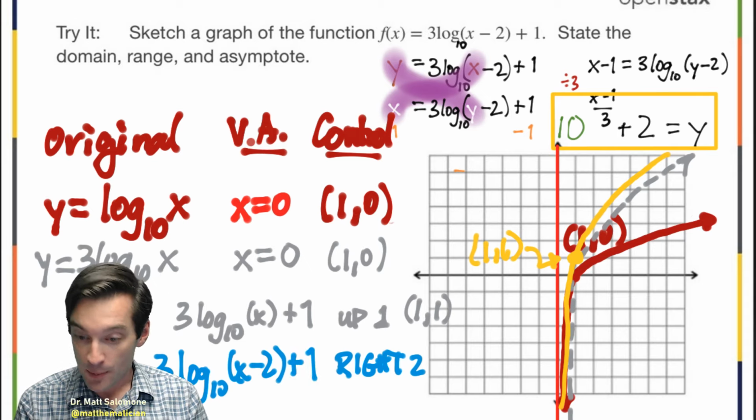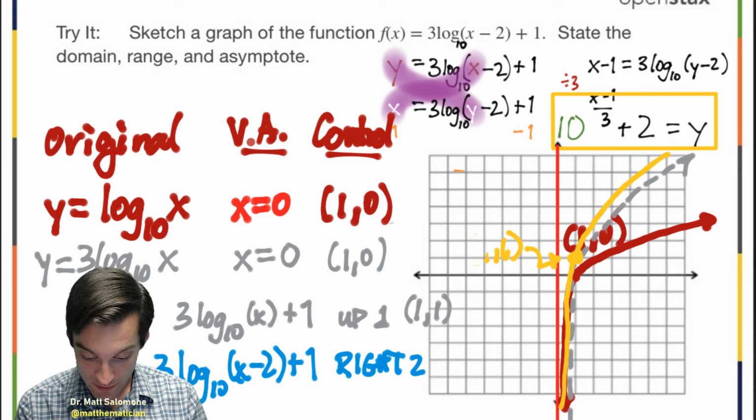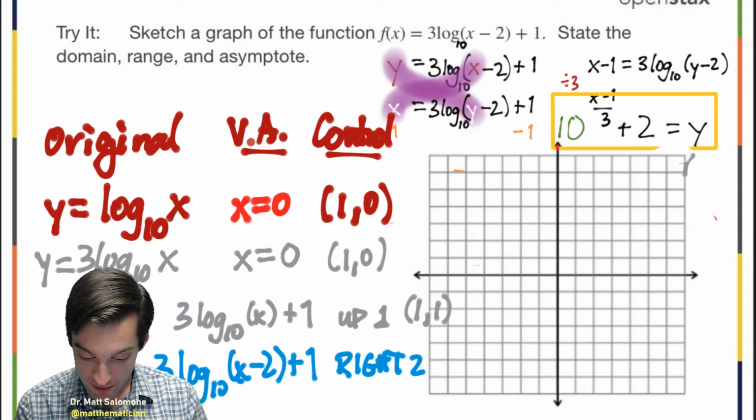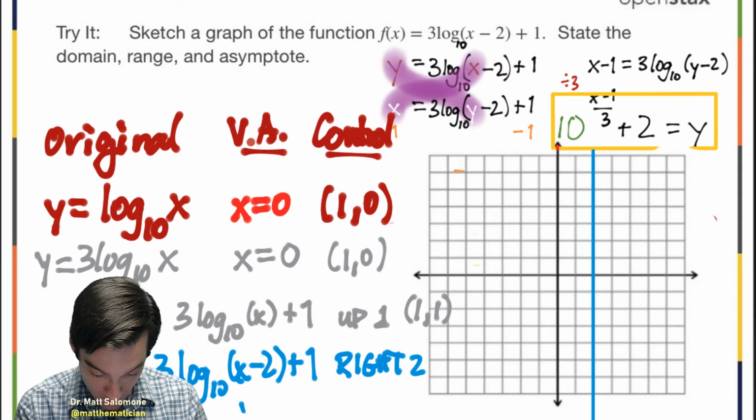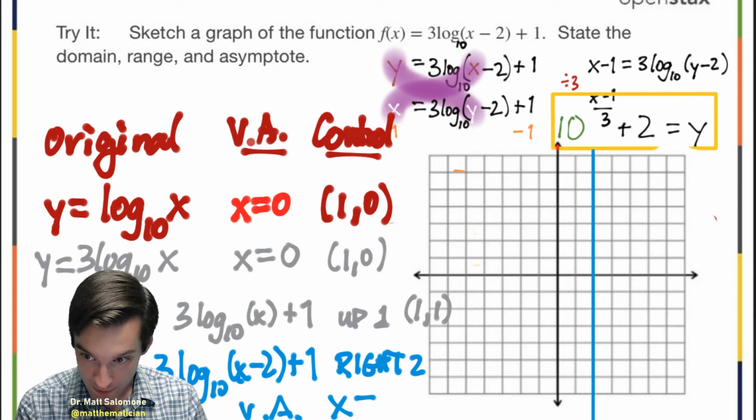Okay. And when I shift this graph to the right by 2 units, the vertical asymptote that used to be on the y-axis is now going to move over. It's going to move from x equals 0 to x equals 2. And that's what we predicted when we built this graph out of graphing its inverse function. Right, there's my new vertical asymptote, x equals 2.